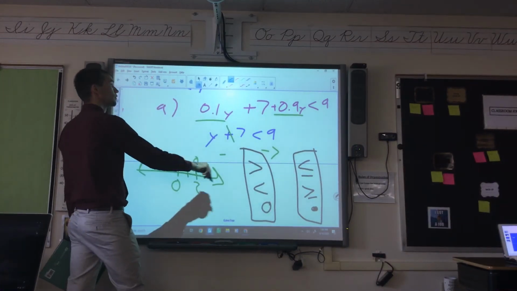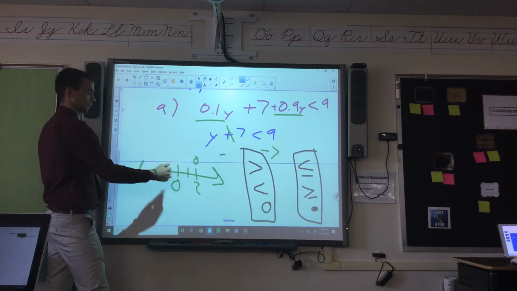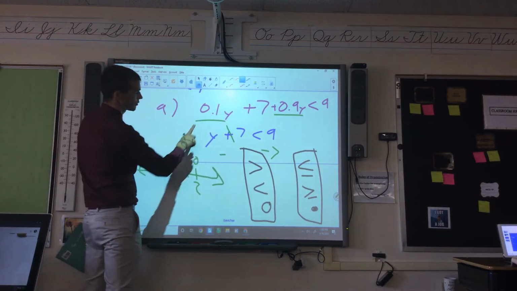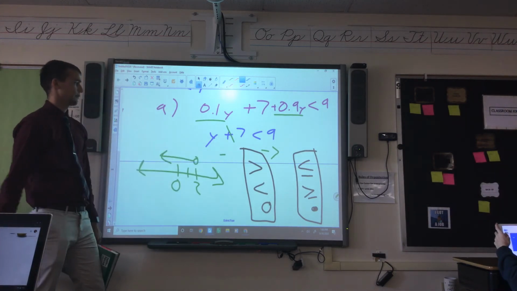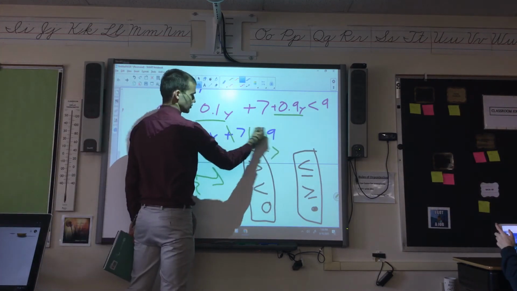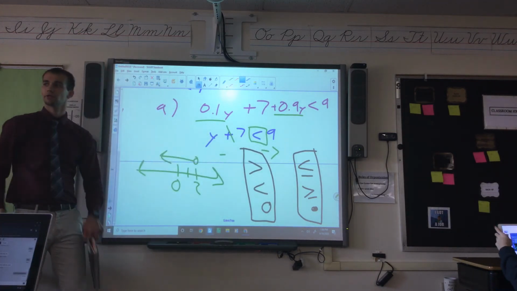When you're making these, follow the variable, follow whichever way it's going. This one was pointing that way, so you still want the arrow to go that way.